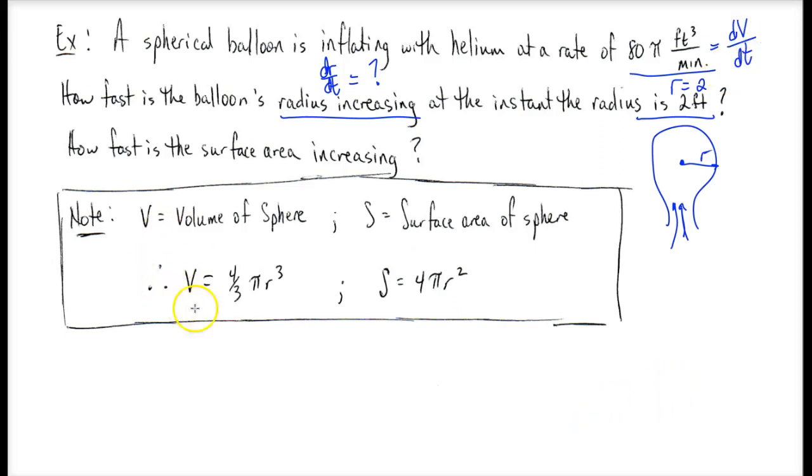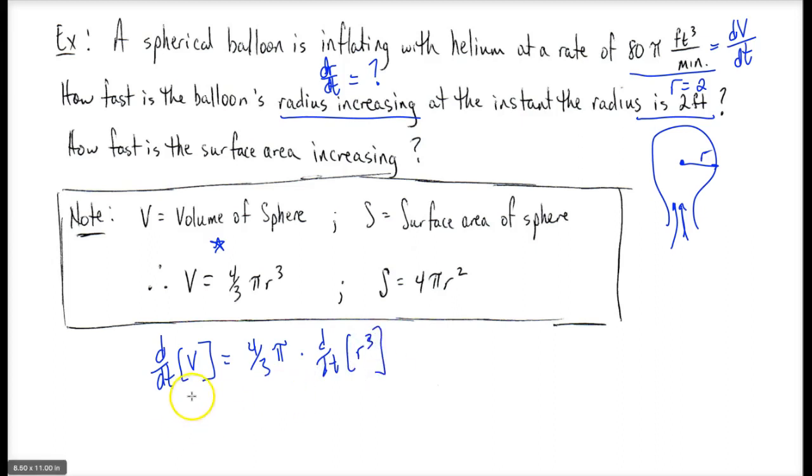Okay. So now if we take the derivative of both sides of this equation, we'll have d over dt of V times, we'll ignore the constant there, 4/3 pi, and we'll take the derivative with respect to t of just r cubed. Of course, on the left side, we just have dV over dt, which we know is this 80 pi cubic feet per minute.